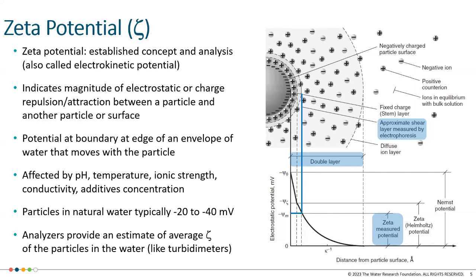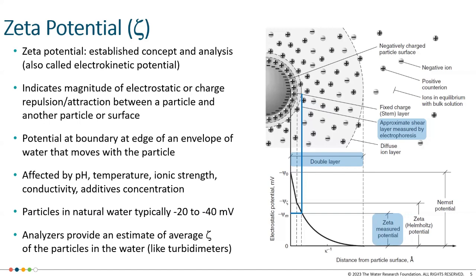So one of the things you quickly notice when you use a zeta potential analyzer is that in some cases, the instrument rapidly converges on a zeta potential value. And in other cases, it takes some time because the wide range of particles in the system results in an average that has a wide uncertainty or wide variability around it.